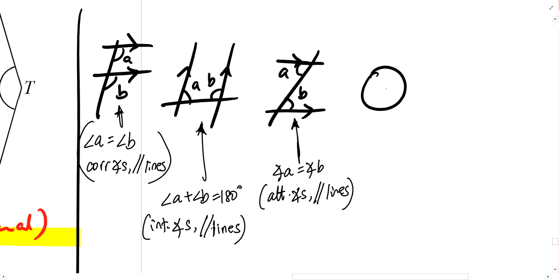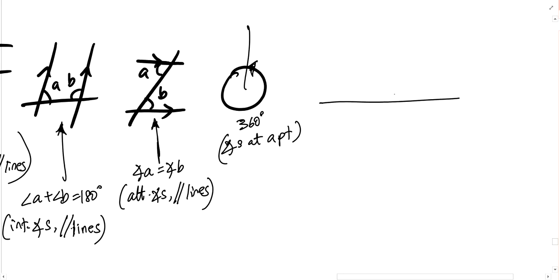What does this O represent? If I go one round, the total angle will be 360 degrees. Angles at a point. This is the reason. Then we've got A and B over here.